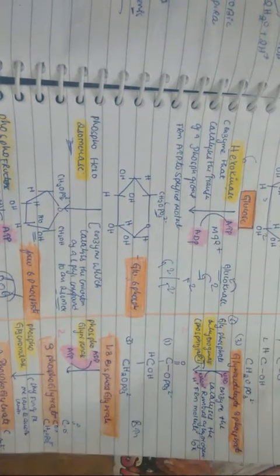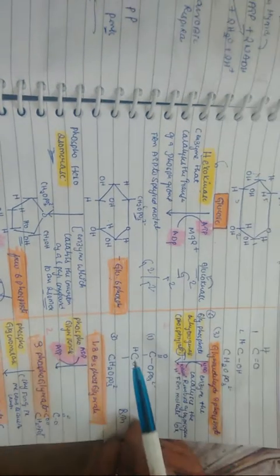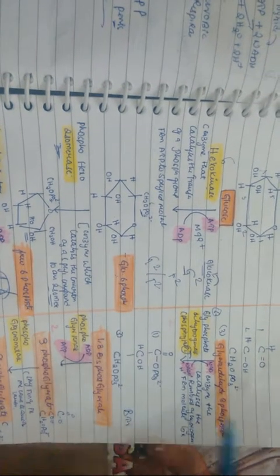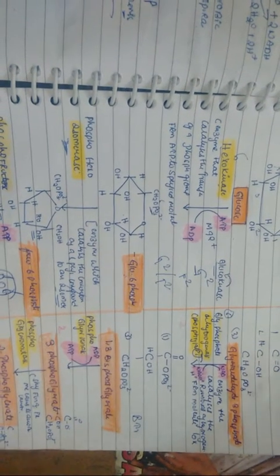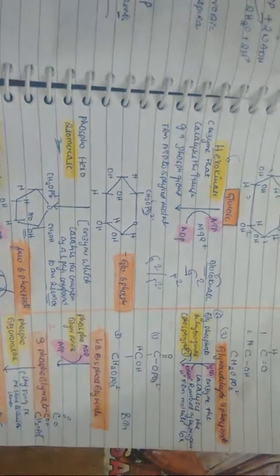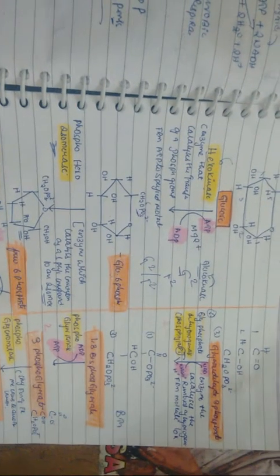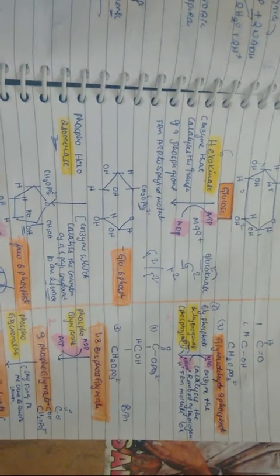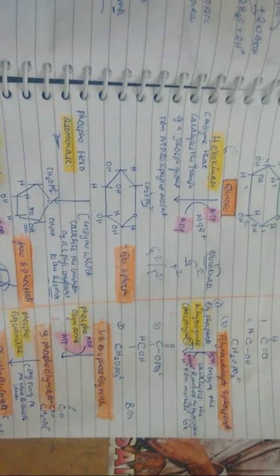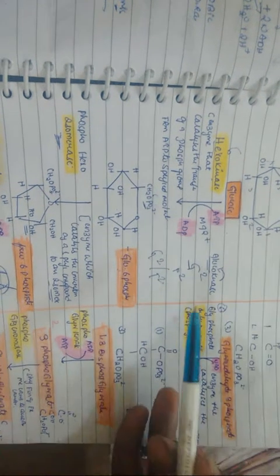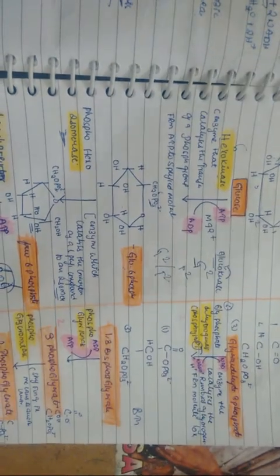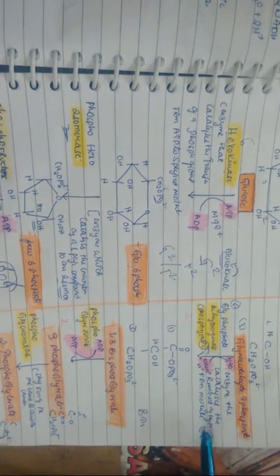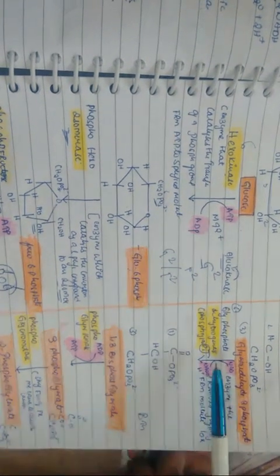Now, to add the phosphate here, we have to remove the hydrogen atoms. There is an enzyme which removes the hydrogen atoms, and that is dehydrogenase. The enzyme that catalyzes the removal of hydrogen is dehydrogenase.